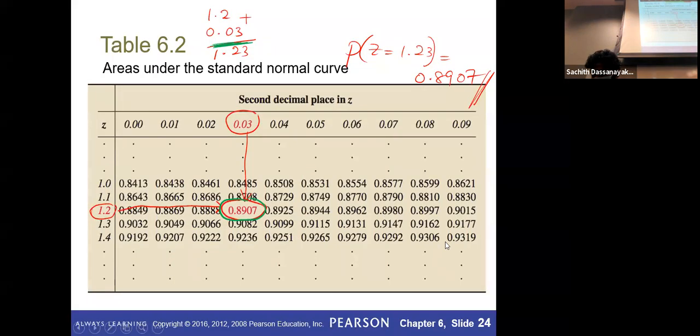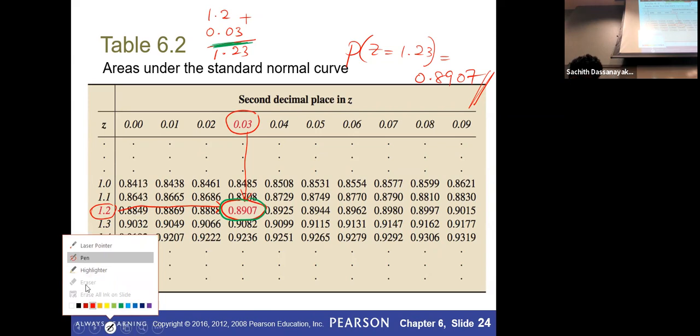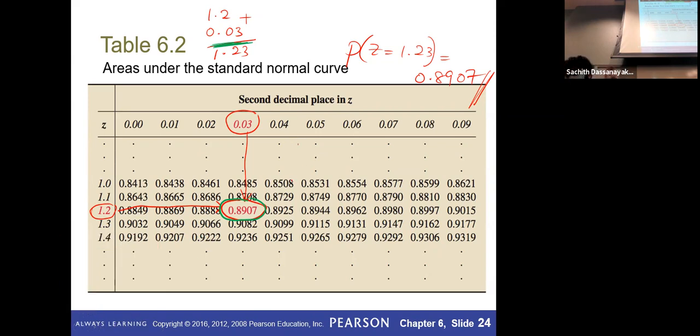Using this table, I'll explain it to you. I cannot remove this. Let me try. It's already saved. Okay, I need to find the C value based on this area. Let's say this area.